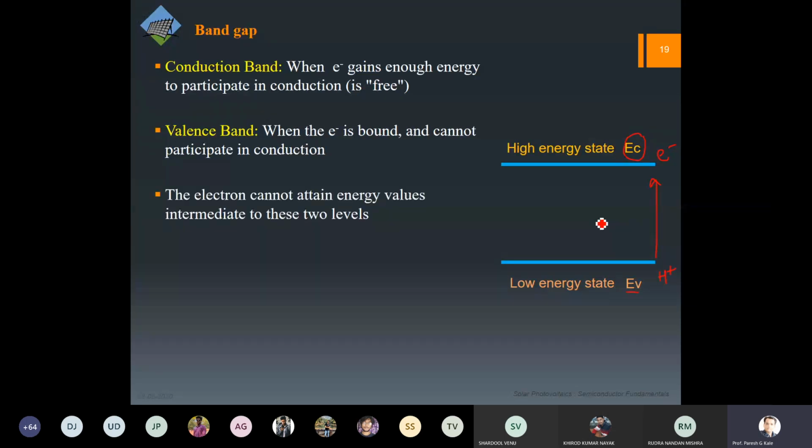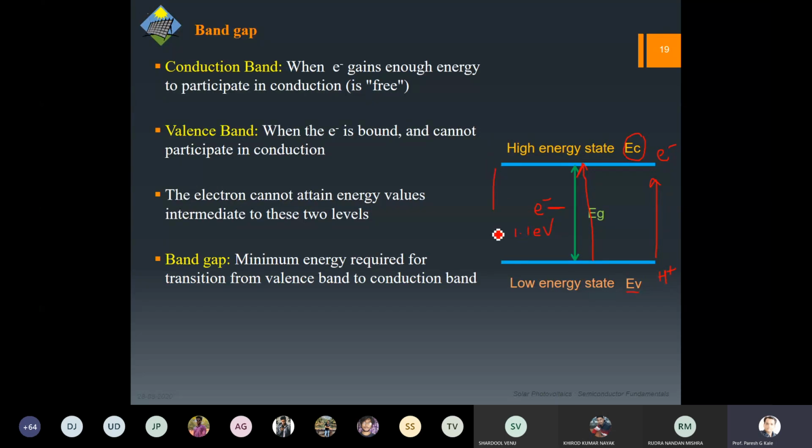Now, of course, as I've said, there are certain specific energy levels which are available in an atom. So the electron has to move from here to here only. It's not its wish that, okay, fine, I will rest it somewhere here. No. So in pure silicon, the band gap is 1.1 electron volt.